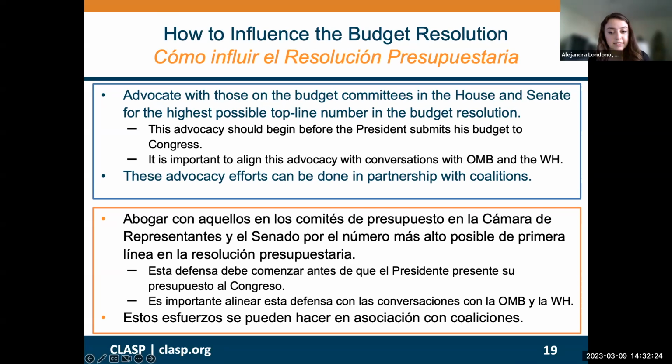These advocacy efforts can be done in partnership with coalitions, and it can look in a variety of different ways, such as conversations, letters, sign-on letters, and outreach to agencies and congressional staff. In the next slide, we'll dive deeper into the next part of the budget process, how the House and the Senate write their appropriations bills.